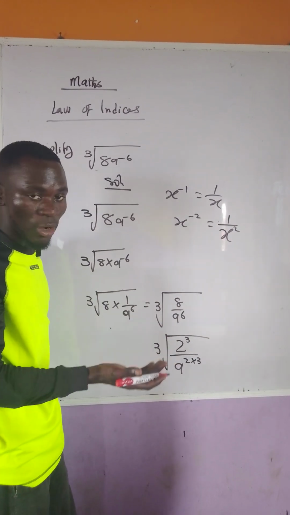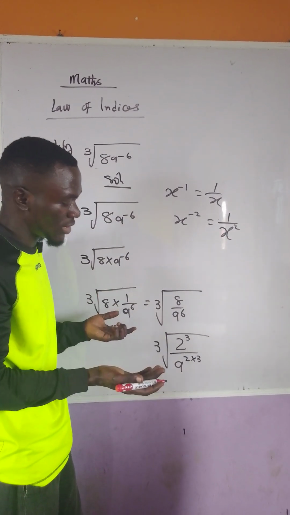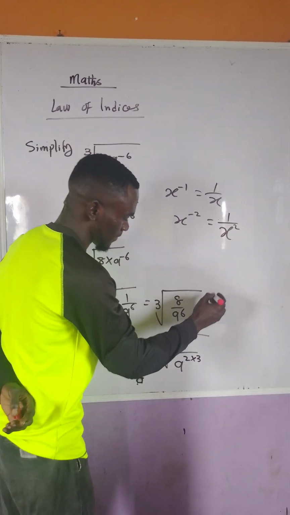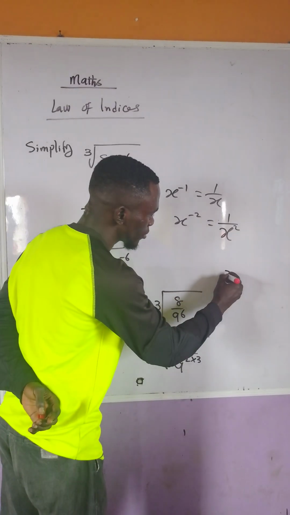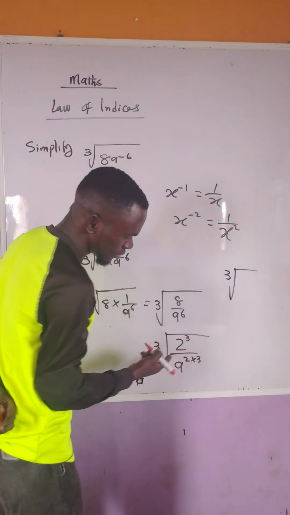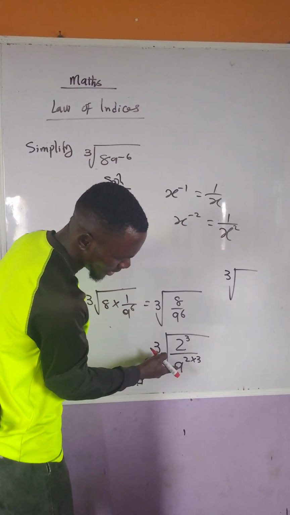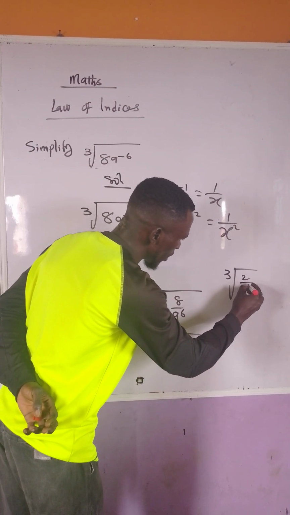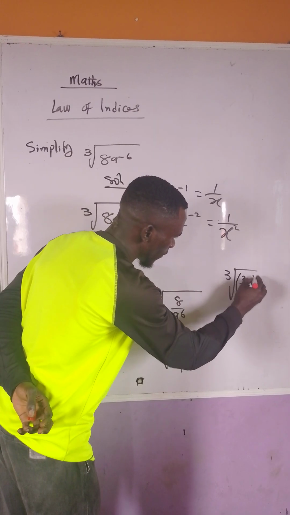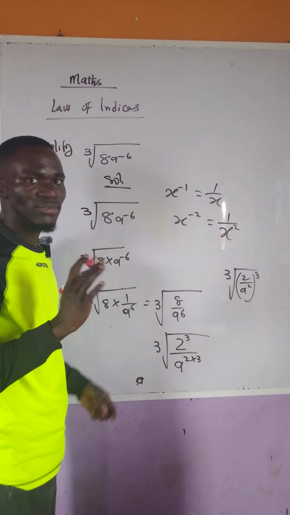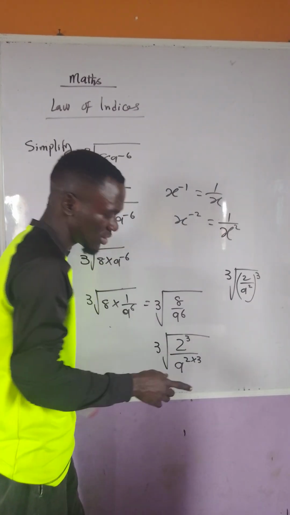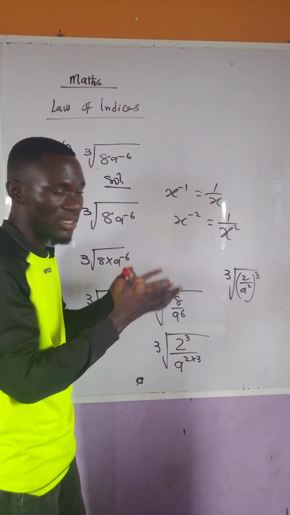In this case, I'm going to put everything in one bracket. So I'm going to have the cube root of 2 over a squared, all to the power of 3, just like what we have here, because we have the same exponent. I just decided to put everything in one bracket.